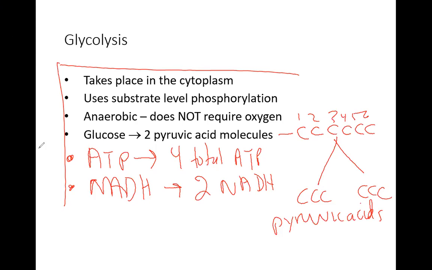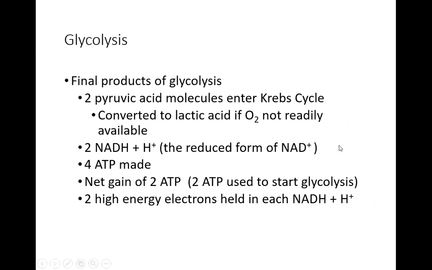So let's clear this. The final results of glycolysis are this: 2 pyruvic acid molecules. They go into the Krebs cycle. If your body is experiencing something known as oxygen debt, this occurs when you've been exercising vigorously.